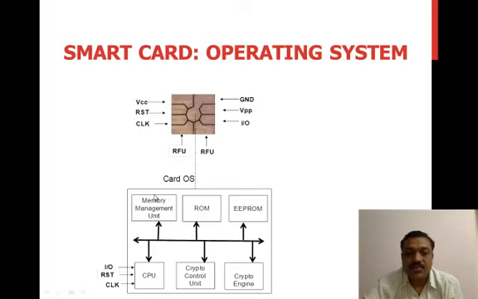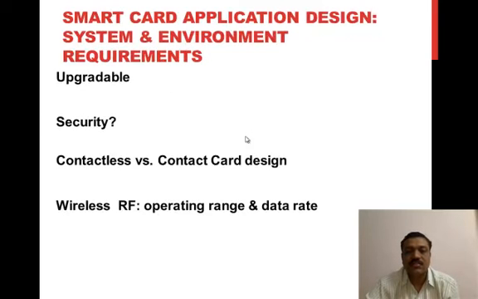Memory is going to be a key concern when designing an operating system for a smart card, and as the memory is based on ROM, you have a unit of ROM and EEPROM, because you need to change the content of the data. But these 8 sections of VCC, RST, CLK, RFU, RFU, ground and VPP are going to remain the same, as we have discussed.